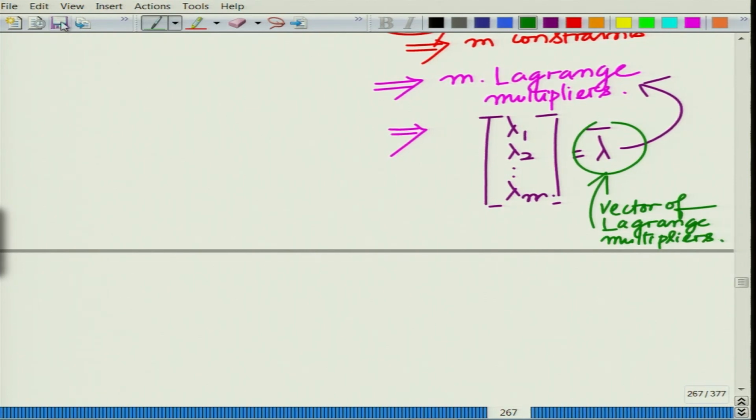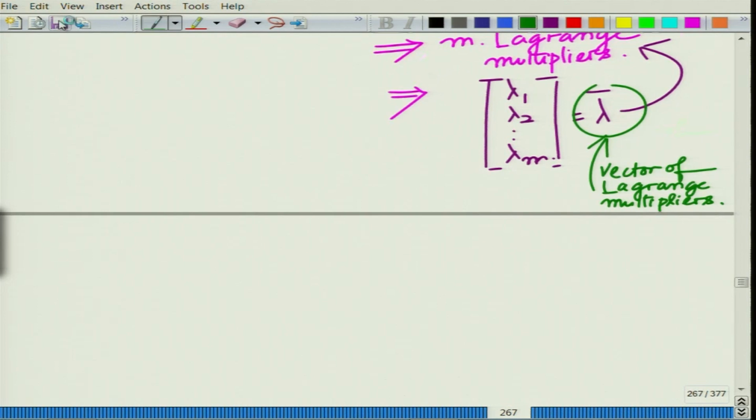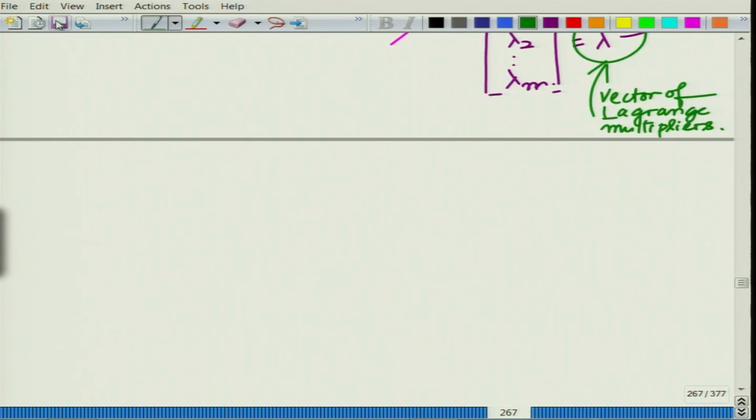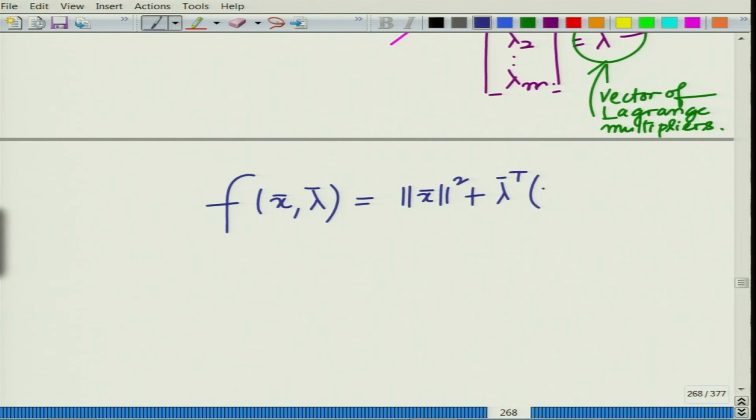This is the vector of Lagrange multipliers, and therefore, you can formulate the Lagrangian for this as f of x bar comma lambda bar, that will be minimize norm of x bar square plus the Lagrange multiplier vector lambda bar transpose times y bar minus A x bar.